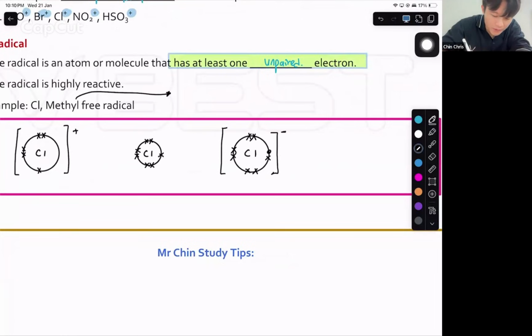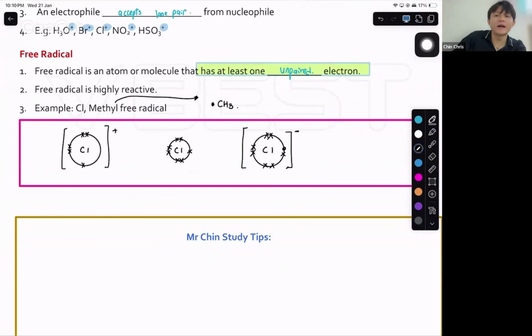By the way, a methyl free radical is CH3, like that. Out of these three, I want you guys to label which one is a free radical, which one is an electrophile, which one is a nucleophile. Let's go. And guys, once done, we are done with this chapter.